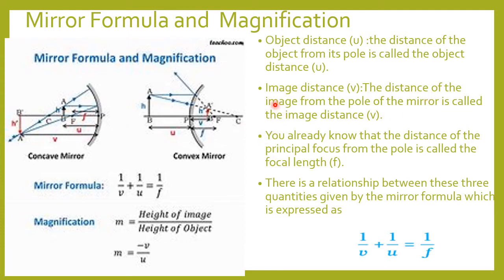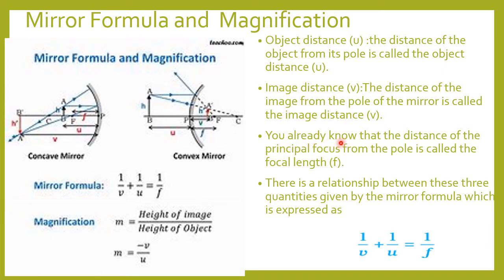Then image distance is v. The distance of the image from the pole of the mirror is called the image distance, and it is measured from P and called v. You see here in the figure, from P to A dash B dash, that is marked as v.